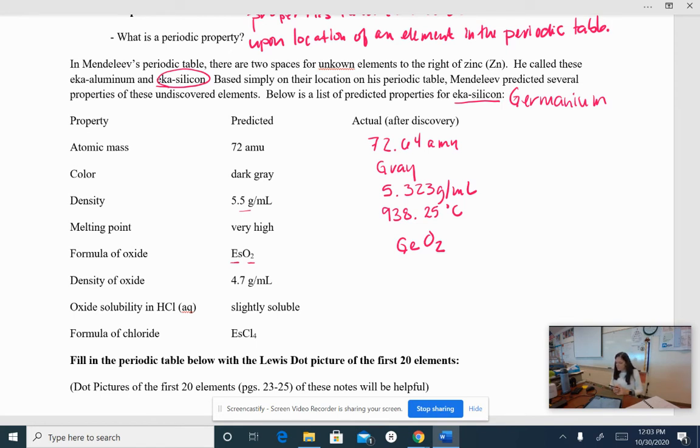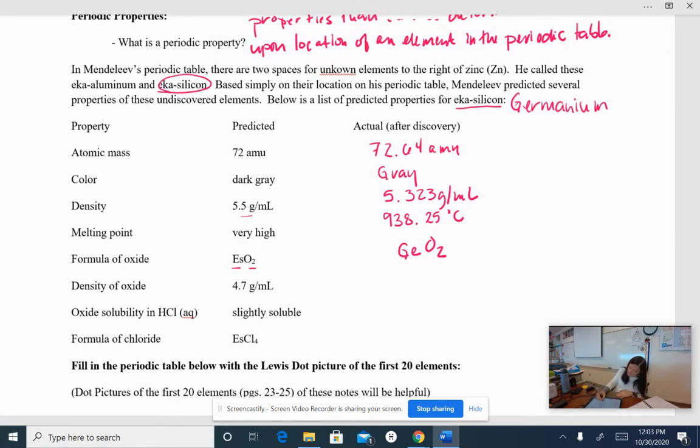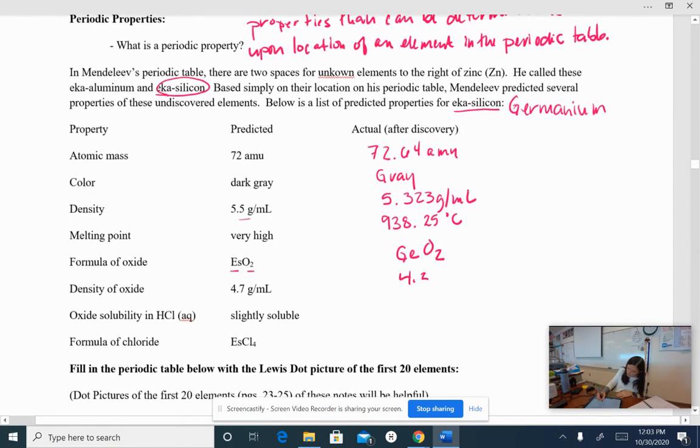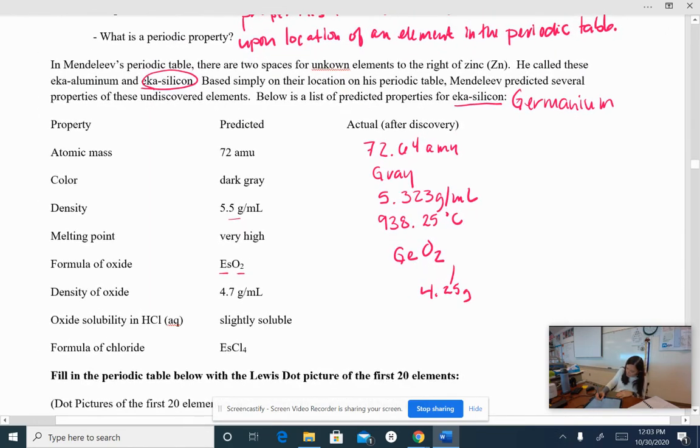He said that the density of the oxide would be 4.7 grams per mil, and we get a density of 4.25 grams per mil. So he was pretty close on that density. The solubility of that oxide in hydrochloric acid, he said it would be slightly soluble, so not a whole bunch.